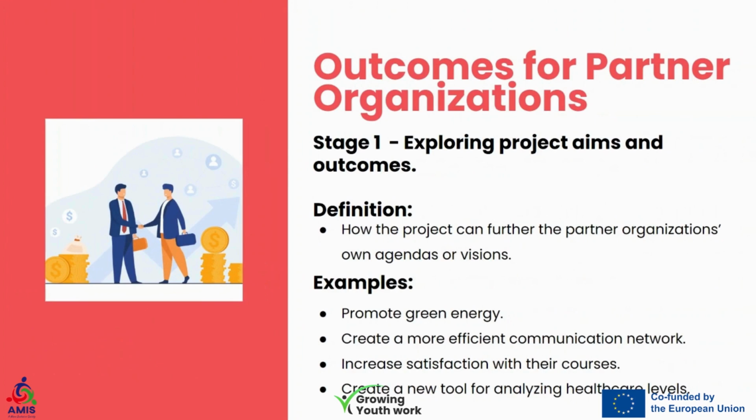Outcomes for partner organizations. We start with stage 1 of the Impact Plus tool and look at outcomes for partner organizations. These outcomes would focus on how they could benefit their own agenda within their organization, either agendas or visions.